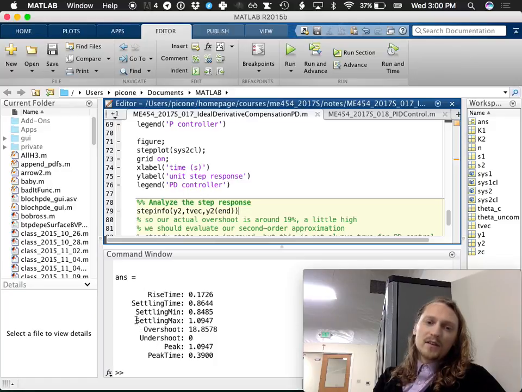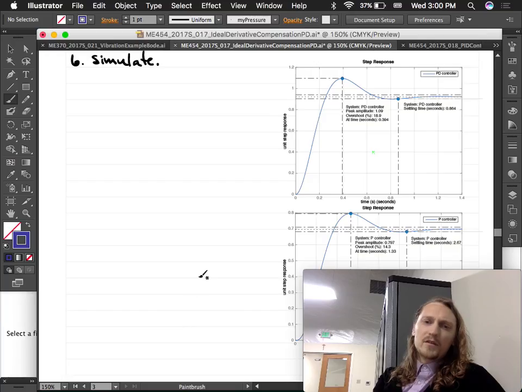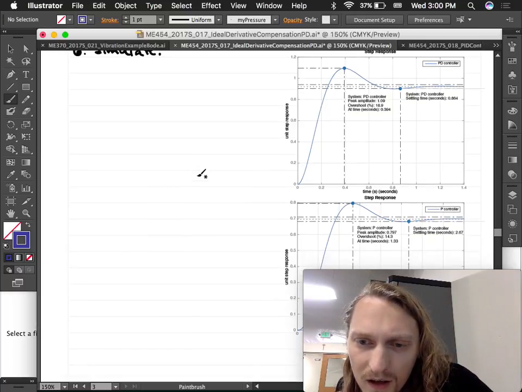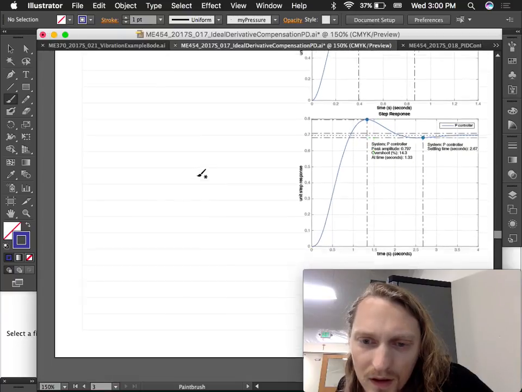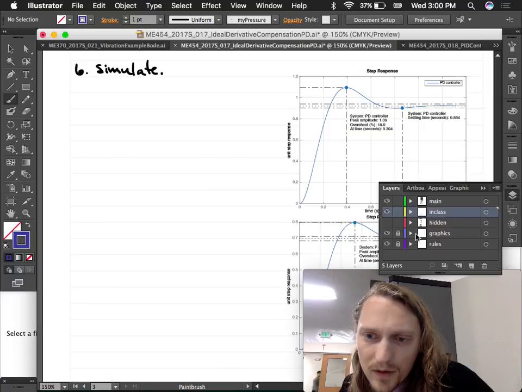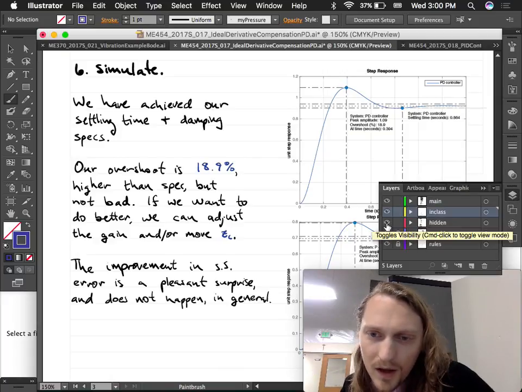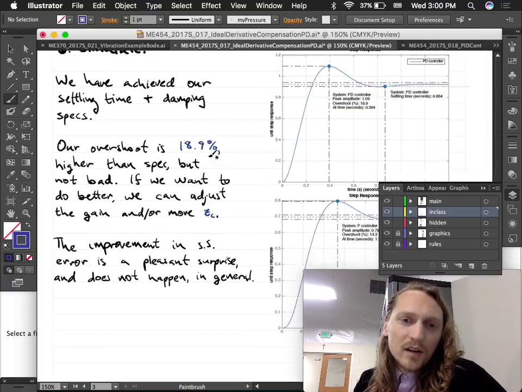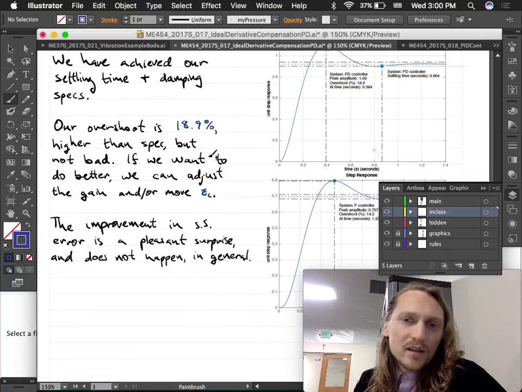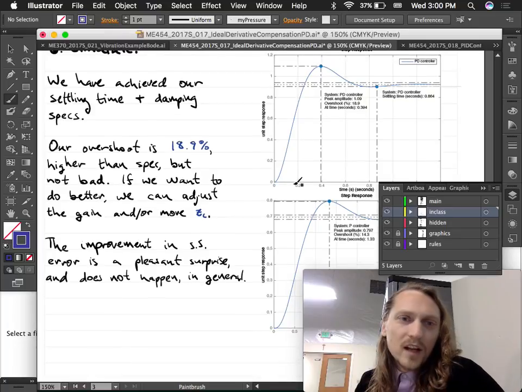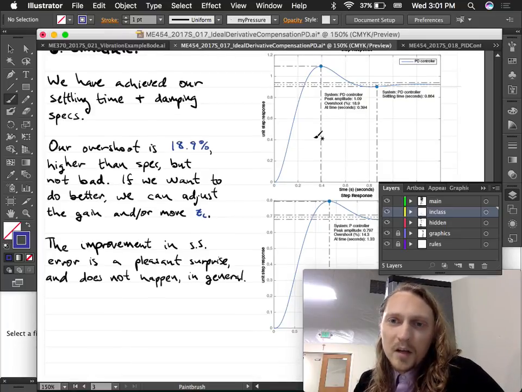So we have system 2, with a settling time. I can't see it for some reason, and I don't know why this isn't showing up, but we've achieved our settling time and damping specs, I claim.